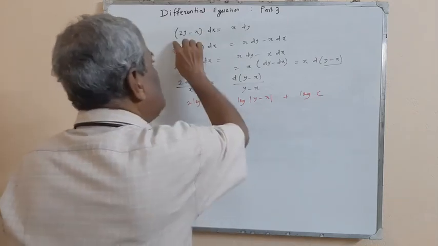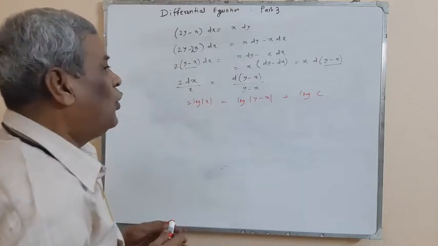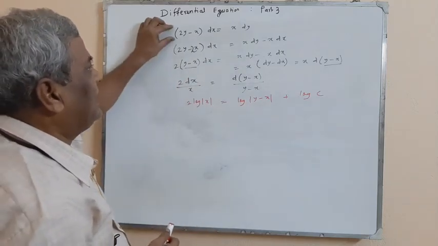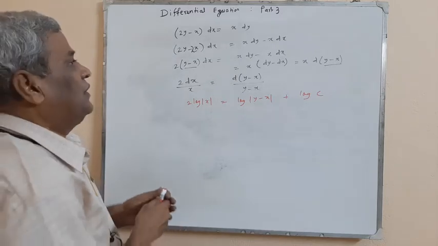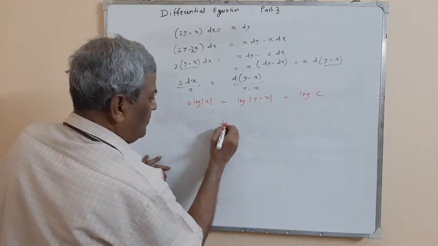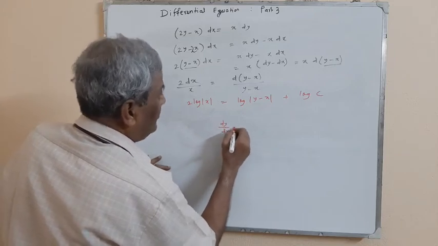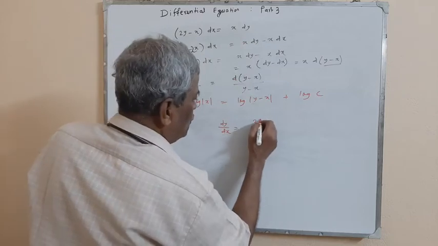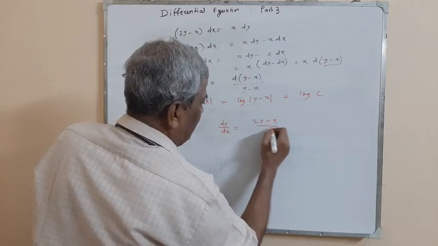Mind that this problem you can also solve differently, as it is a homogeneous equation. Why? dy by dx equals (2y minus x) by x.